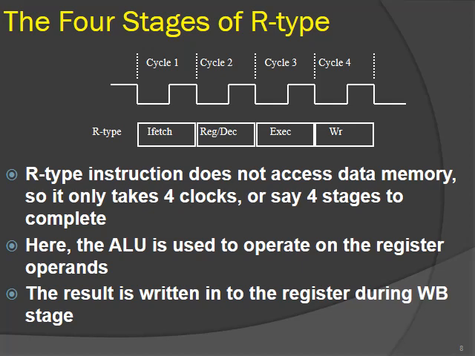The R-type instruction will also use the ALU to operate on the register operands. For the execution of the instruction, the ALU will be used, and the result of this instruction will be written back to the register file during the write back stage.